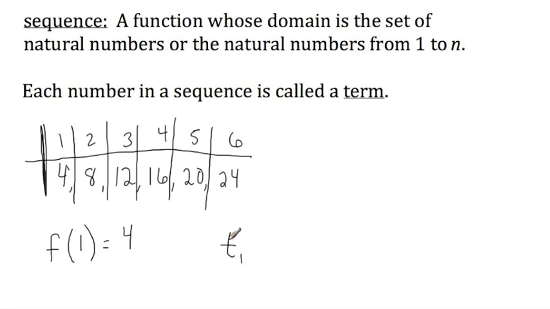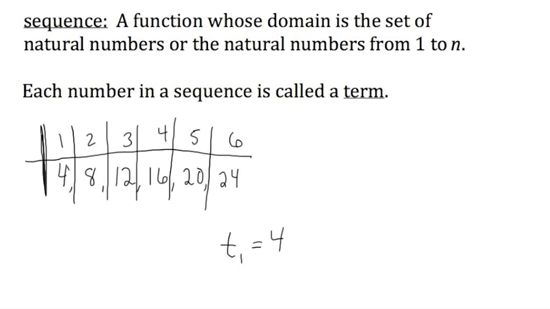We'd read this t sub 1. In other words, the first term in the sequence. And then we can say what that is. That equals 4. So when we talk about sequences, we don't want to use function notation like this. We generally will want to use a new kind of function or sequence notation like this. This simply means that the first term in the sequence is 4.